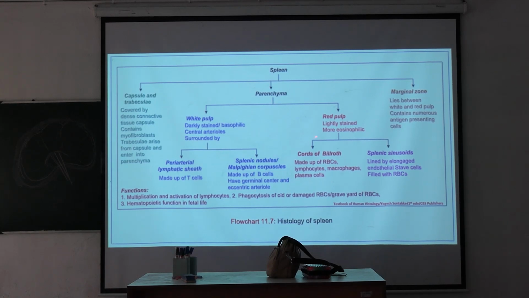Now red pulp is lightly stained, more eosinophilic; white pulp is basophilic. Cords of Billroth are made up of RBCs, lymphocytes, macrophages and plasma cells. Splenic sinusoids are lined by elongated endothelial cells filled with RBCs. Marginal zone lies between the white and the red pulp and contains numerous antigen presenting cells.